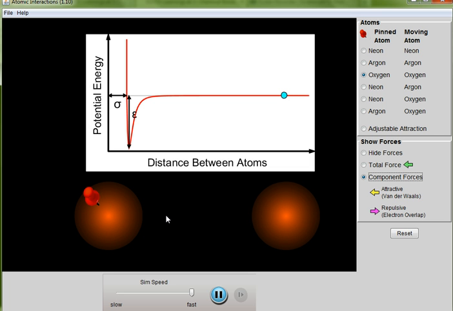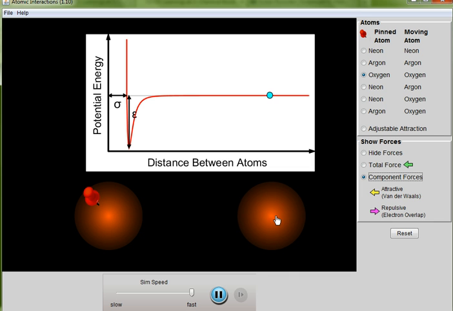What are the repulsive forces? There should be an electron repulsive force, and there is also a nucleus repulsive force, correct?